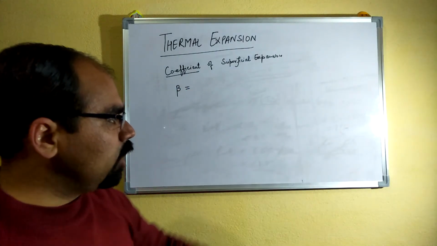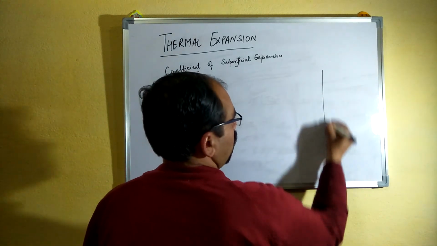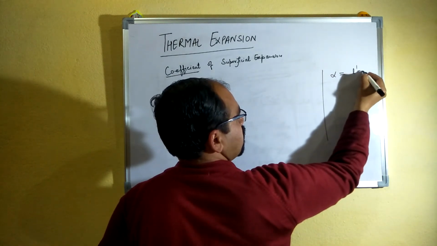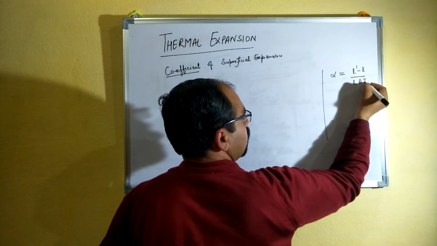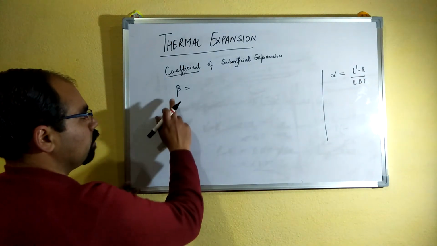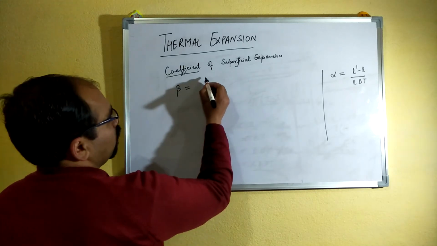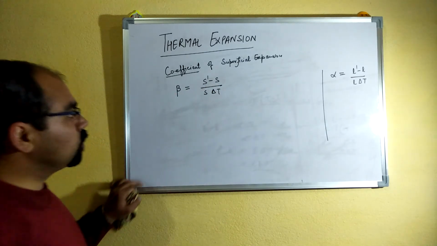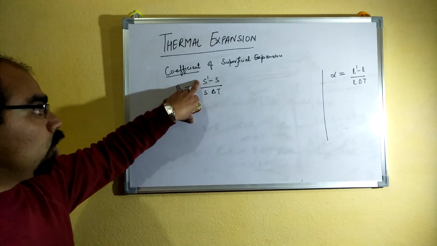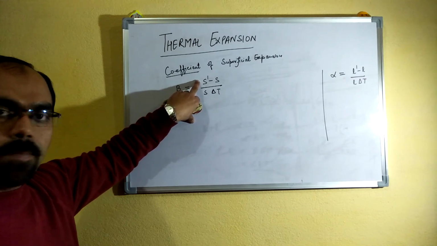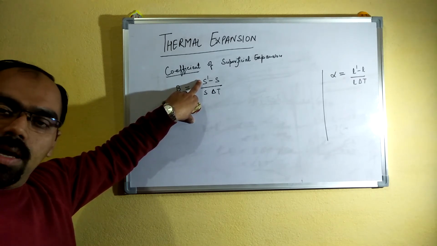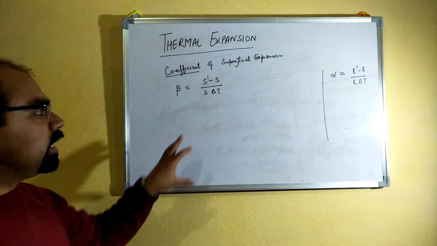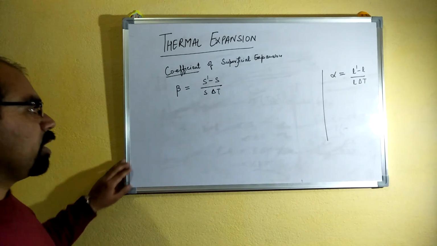As we have the value of alpha, which was equal to L dash minus L upon L into delta T, similarly beta, the coefficient of superficial expansion, is S dash minus S upon S delta T. S dash is the new value, the surface area after expansion. S is the original surface area before providing heat, and delta T is the difference in the temperature.